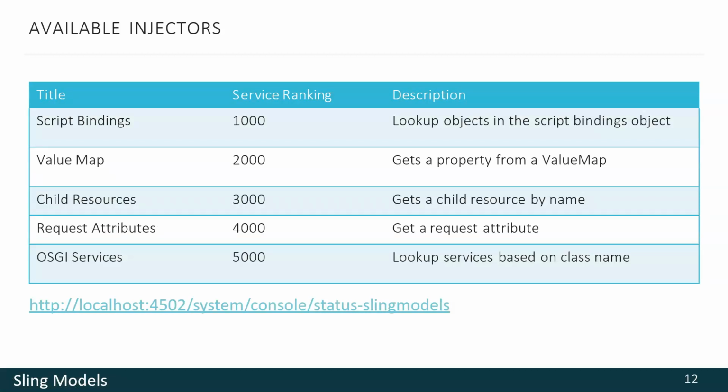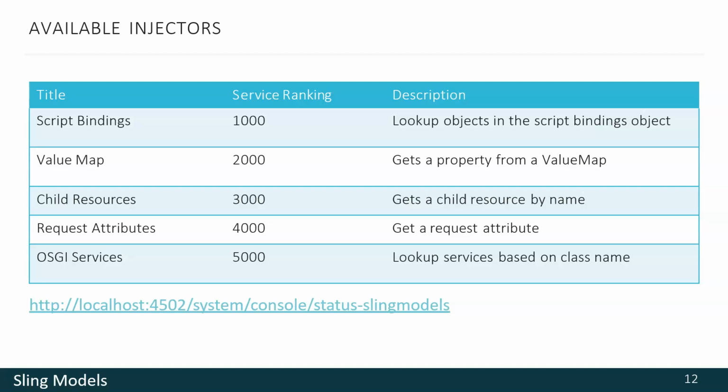When you use the Inject annotation, Sling will execute all available injectors until values are set. The top priority is the script binding injector, which looks up objects in the script binding object like current page, current node, and so on. Value map will get a property from the value map object of the resource.